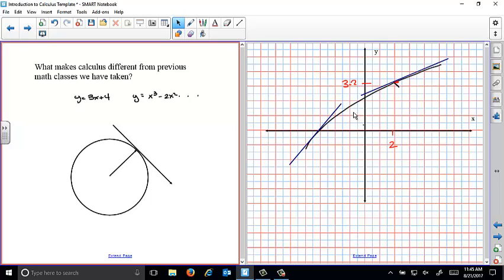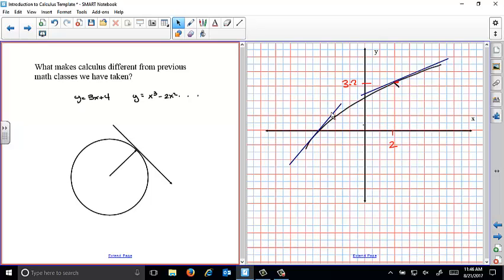So let's say we have a curve that looks like this. It's the black curve. If I were to ask you, from a linear standpoint, what is the slope of this line? Well, it's not straight, so it doesn't have a single slope. Then I might ask, well, what does a tangent line look like to this curve, compared to a tangent to a circle?